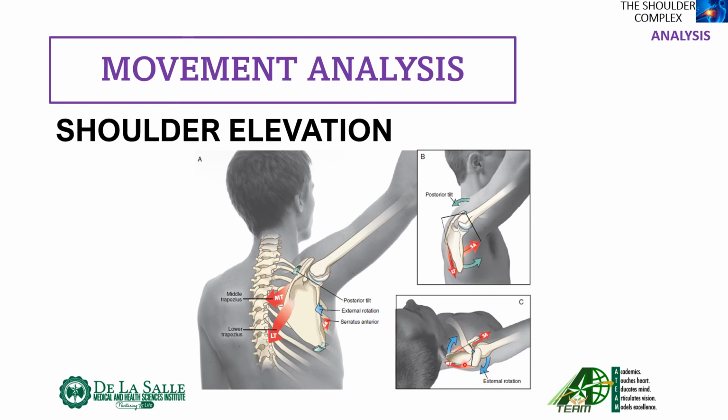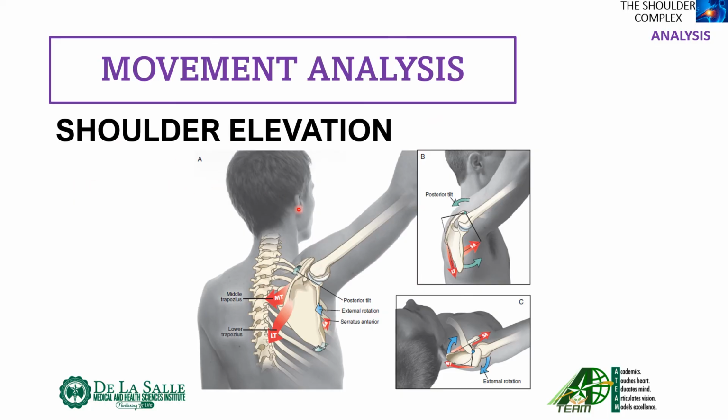Meaning, aside from posterior tilting, there is also external rotation of the scapula at the acromioclavicular joint when the scapula is upwardly rotating at the scapulothoracic joint during shoulder elevation.